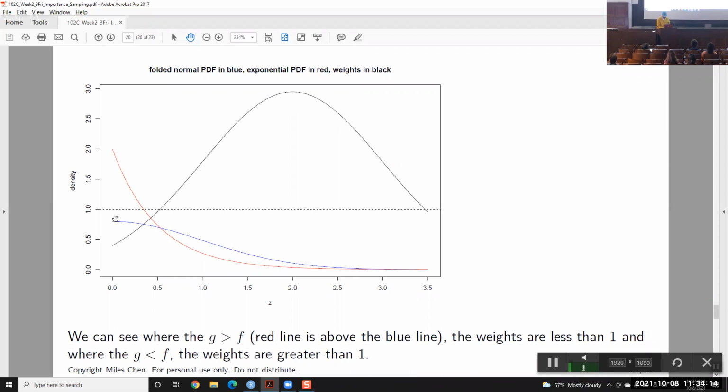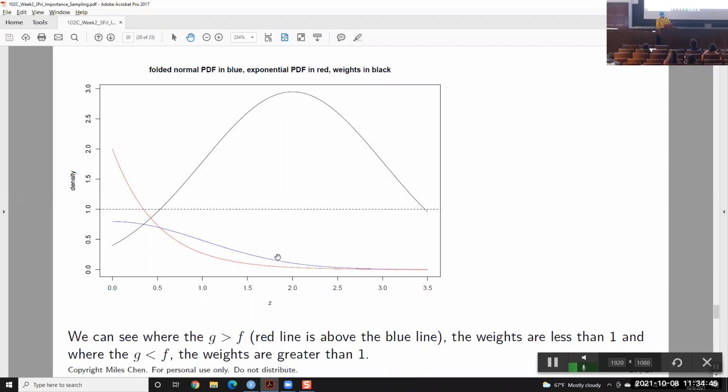Over here, where the blue is shorter than the red, the ratio is less than 1. Where the blue and the red are at the same height, the ratio between blue divided by red is equal to 1. And over here, where the blue is taller than the red line, the weights get larger than 1.